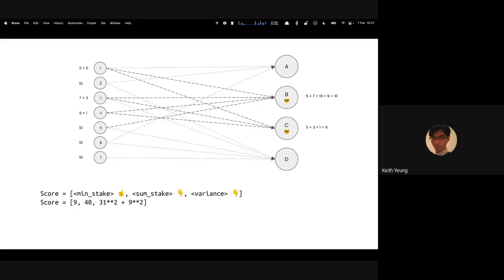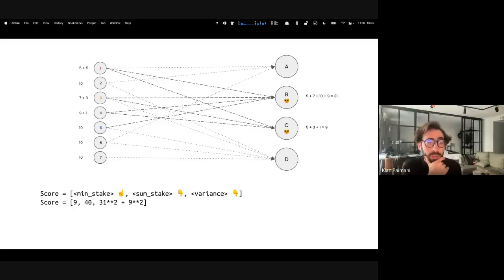Is that correct? Yes. Yeah, that's a tricky way to put it. I would rephrase it as remove edges when possible. Just that, you know?